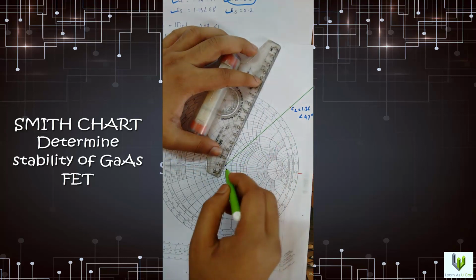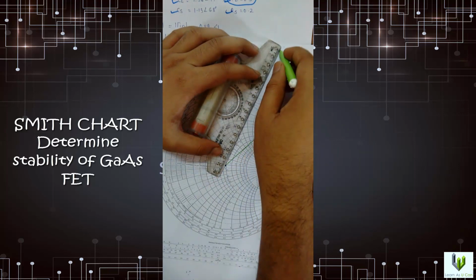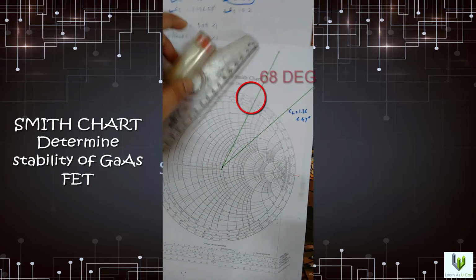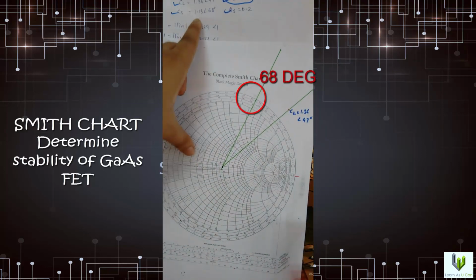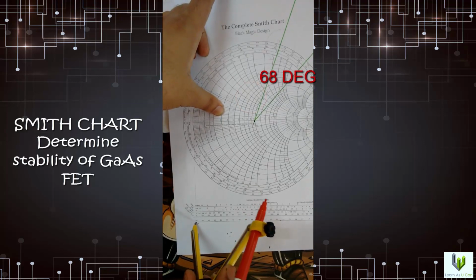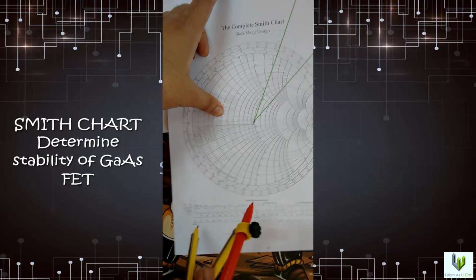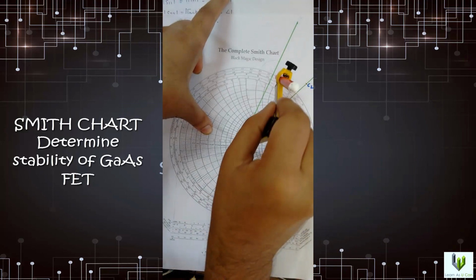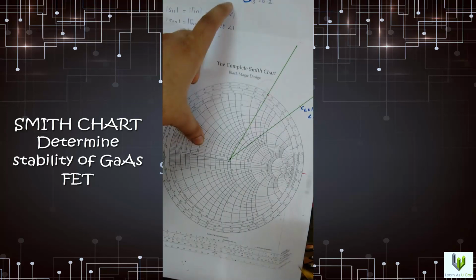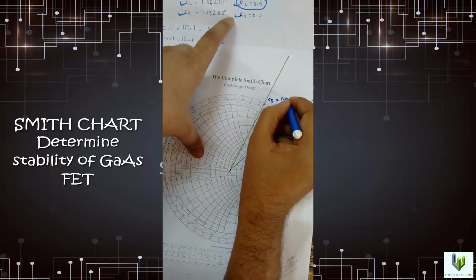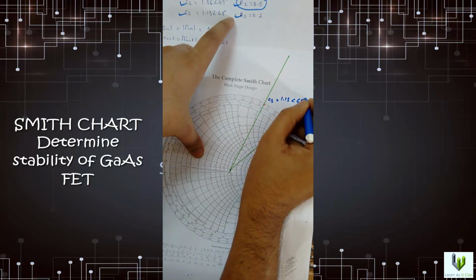Now this is 68 degree. Okay. Now for the CS 1.13 is there, so 1.13 can be calculated in this way. This is CS result. I got CS value 1.13 angle 68 degree.